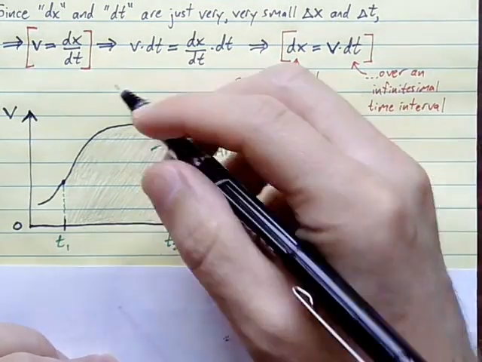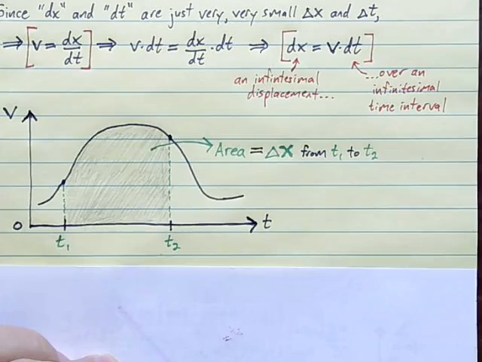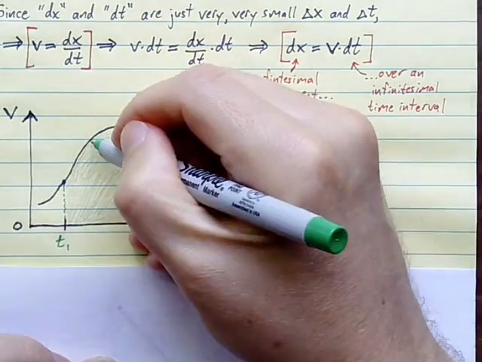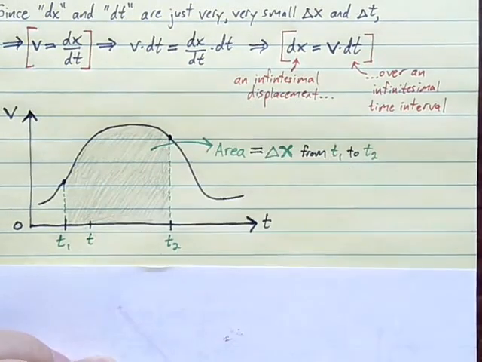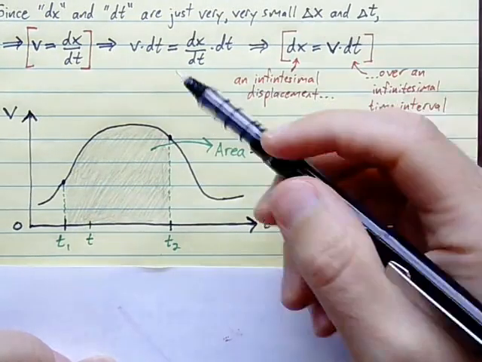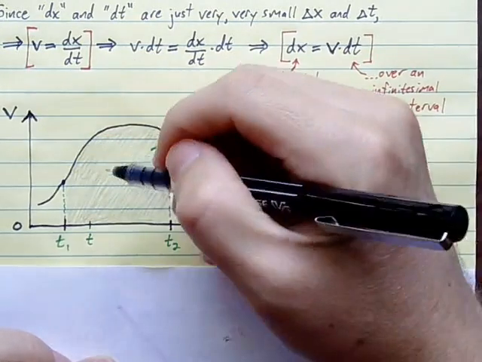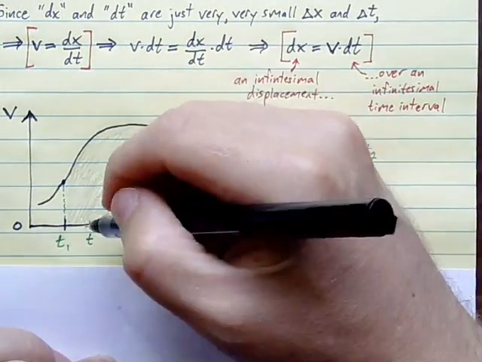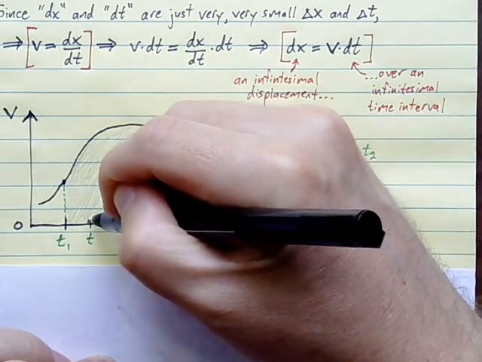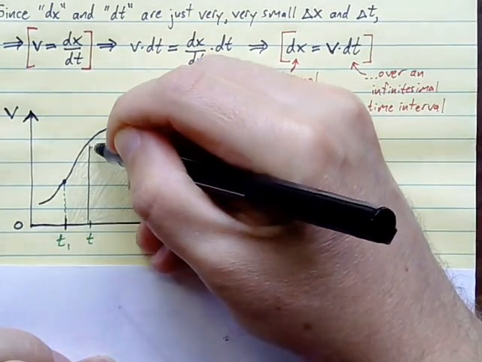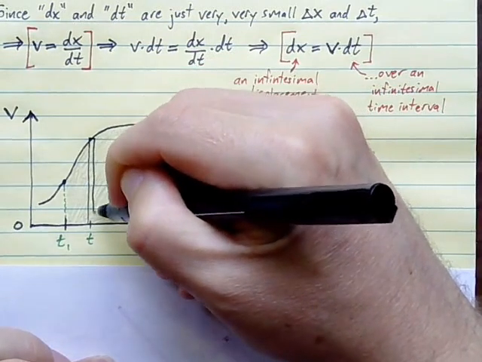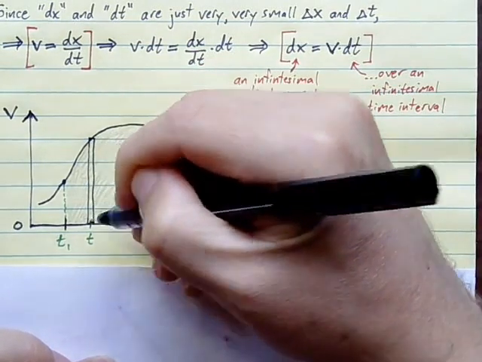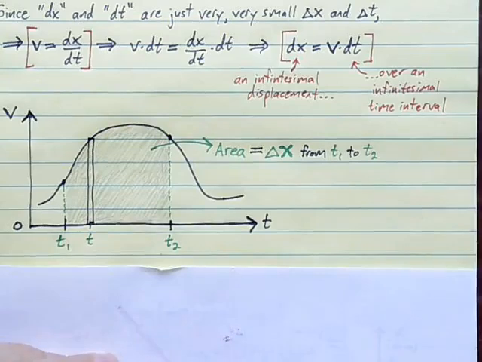Let's pick some particular time, say this moment in time right here, t, and imagine dividing up our area into little thin, infinitesimally thin rectangles like this. Let's center this one tall, thin rectangle right there at some particular time t.